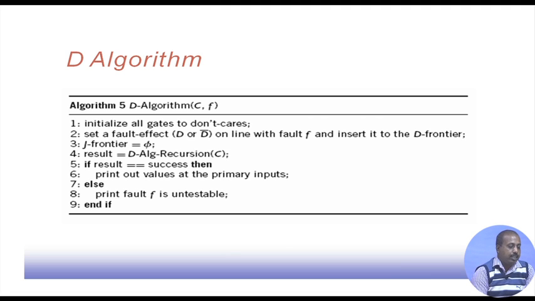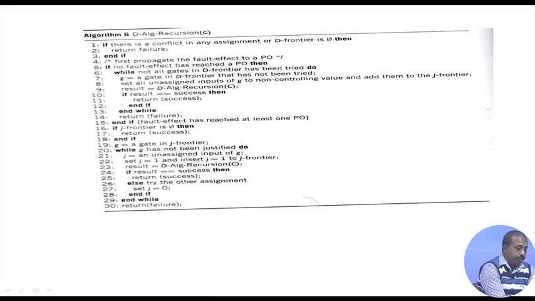If the result is success, then we print out the values of the primary inputs, because we have got the fault detected, and if the result is not successful, then the fault F is declared to be untestable. So this is the D algorithm recursion.